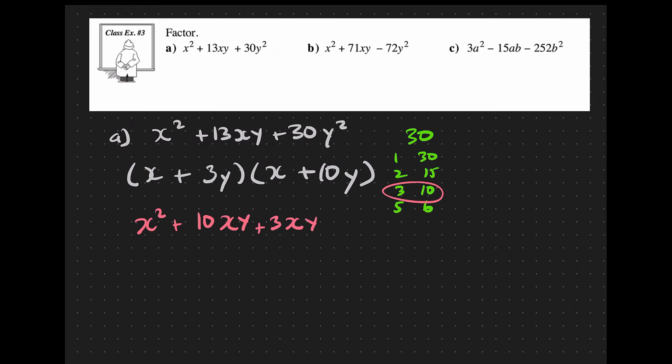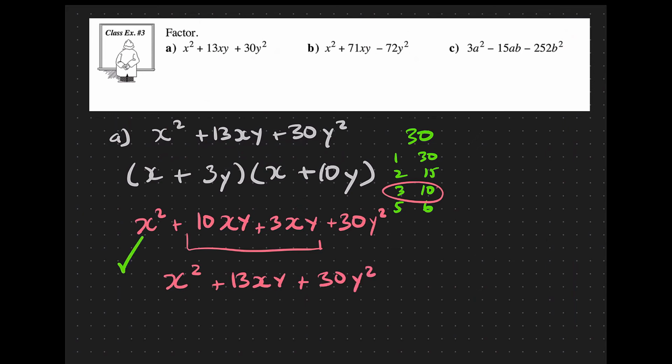And the last is going to be 3y times 10y, which is 30y squared. These two can be combined together, so our final answer is going to be x squared plus 13xy plus 30y squared, and everything looks good.